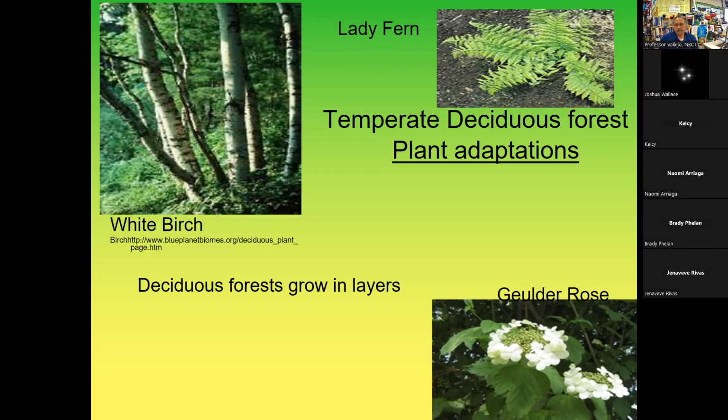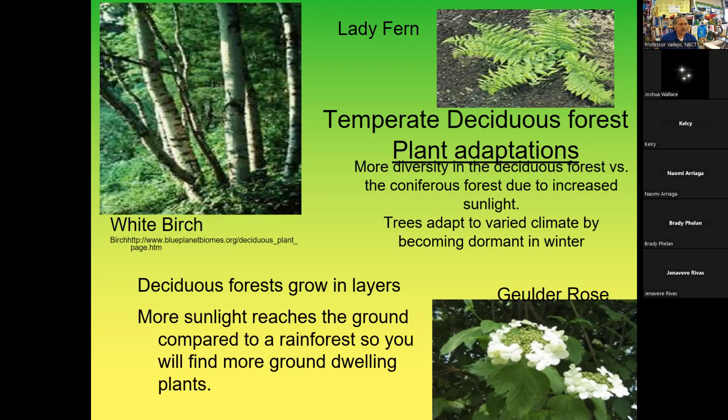It says here there's more diversity in the deciduous forest versus the coniferous forest, and we'll see that coming up. That's because there's more light in this area. Trees adapt to the varied climate by becoming dormant in the winter. Like I said, these trees will lose their leaves and basically, metabolically, they won't die, but they'll turn down. They have much fewer metabolic needs and won't need as much water.